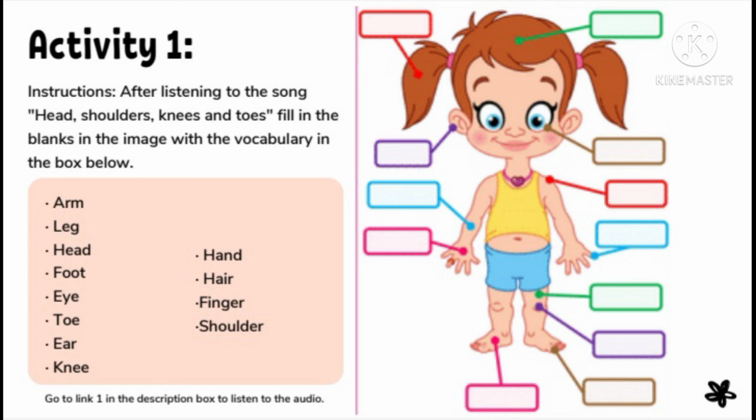As you can see in this activity, we have the image of parts of the body, and then we have the vocabulary. We have arm, leg, head, foot, eye, toe, ear, knee, hand, hair, finger, and shoulder. With this vocabulary, you have to fill in the blanks.